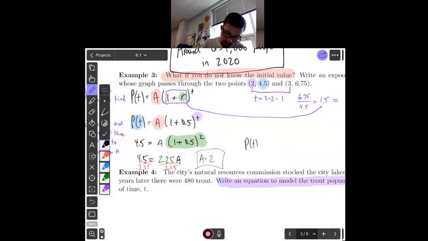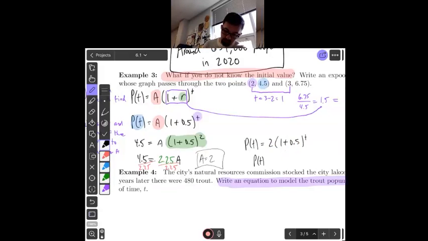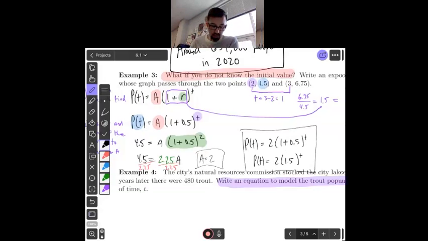So it'd be like p of t equals 2 times 1 plus 0.5 to the t. Again, p of t and the t need to stay letters. R and a need to be numbers now. You can also just write it like this. Either way is fine. That's generally more what you want to do, is be able to write a function for it rather than just finding a value.